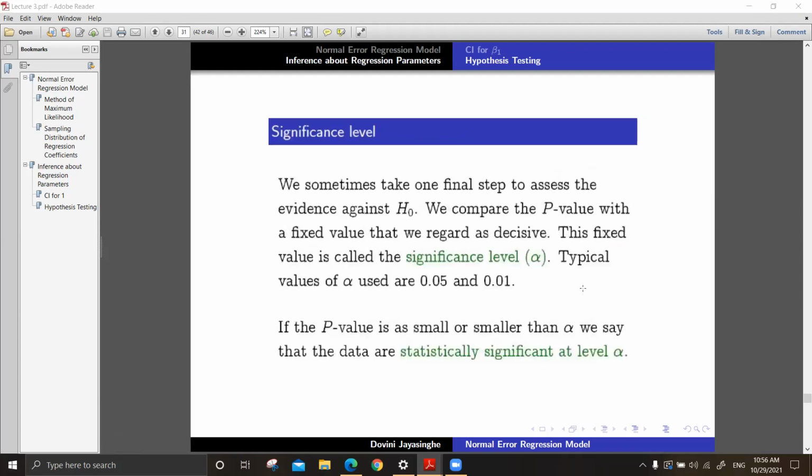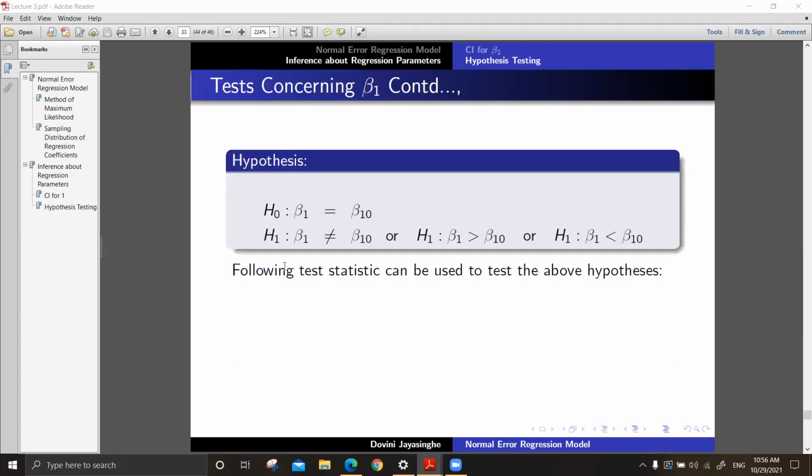So we are checking whether beta 1 is equal to some value, but we don't know whether we form the alternative as beta 1 not equal to, or greater than, or less than. If we don't know this, it's better to go for the two-sided case. That is what they say, right?